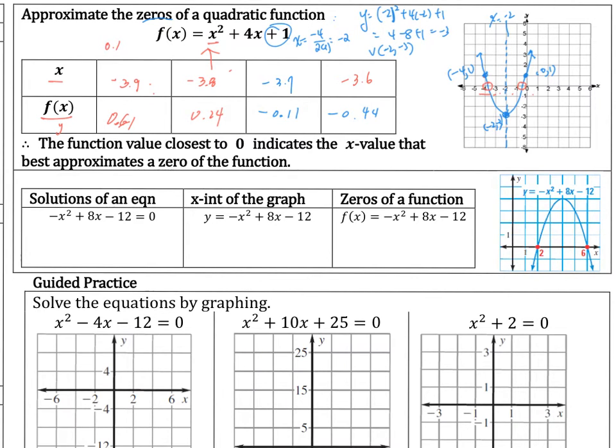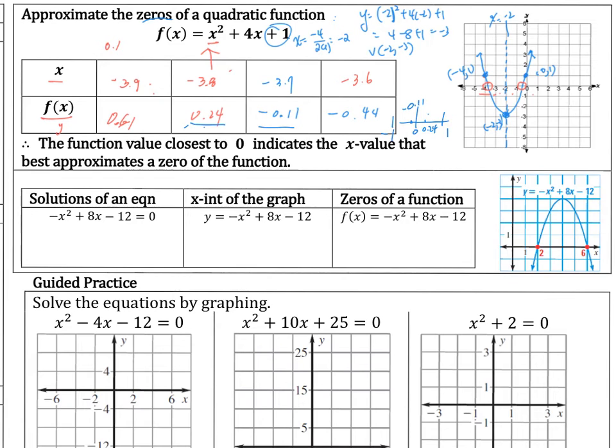Now I'm going to stop at -0.44, because I notice that f of x at -3.6 is moving away from 0. And it seems like -0.11 is closer to 0, and 0.24 is also close to 0. Let's draw a number line here. This would be 1 and this would be -1. 0.24 will probably be right here, and -0.11 will be about here.